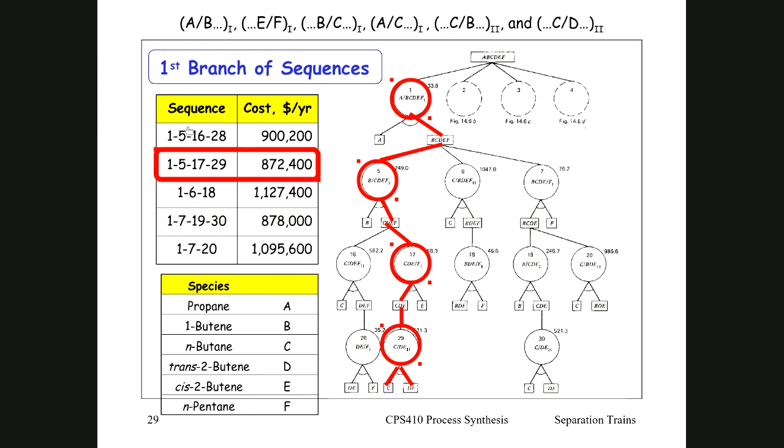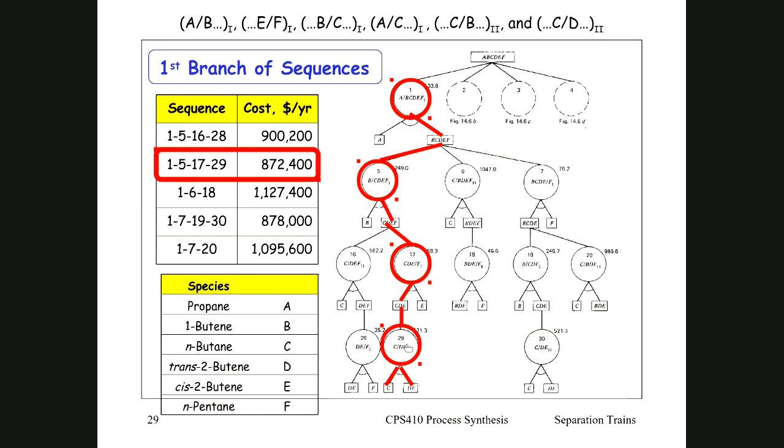So 151,628, there's that distillation column. You can work out an annualized cost for that, and you get $900,000 per year.